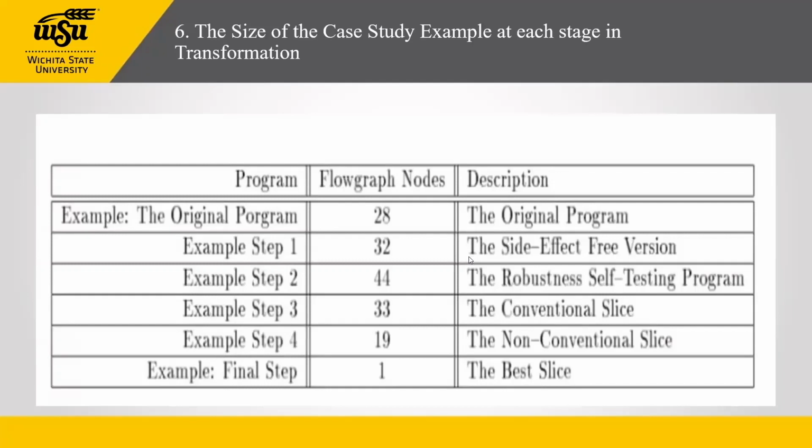In step number 1, its flow graph is 32, and the description is the side-effect-free version. In step 3, its flow graph nodes is 33, and the conventional slice. In step 4, the flow graph is 19, and the description is a non-conventional slice. The final step has a flow graph of 1, and the best slice.